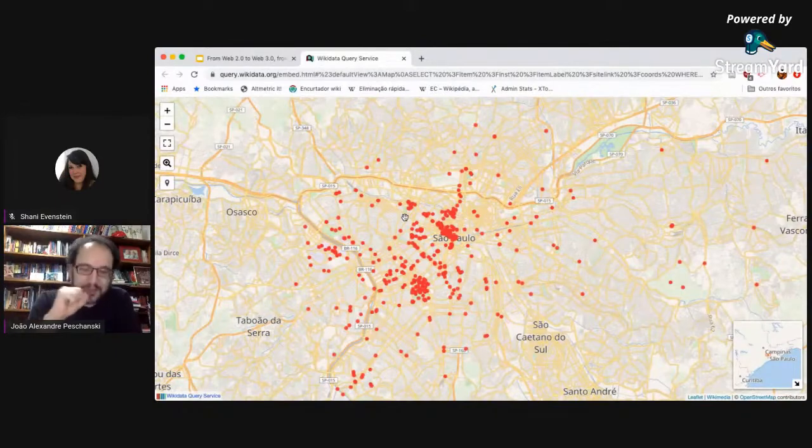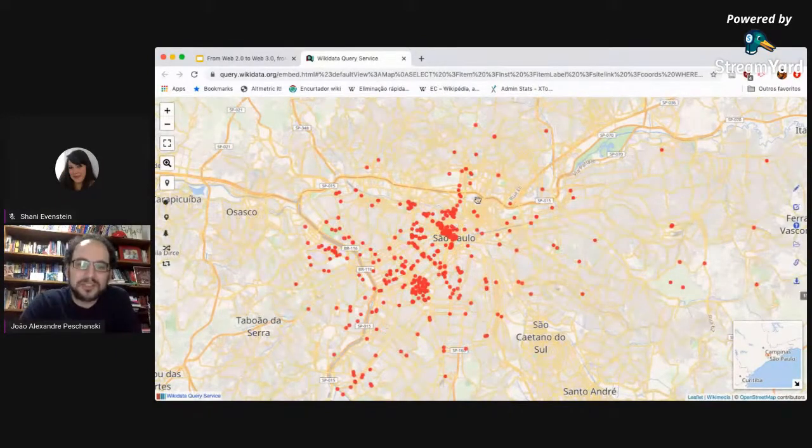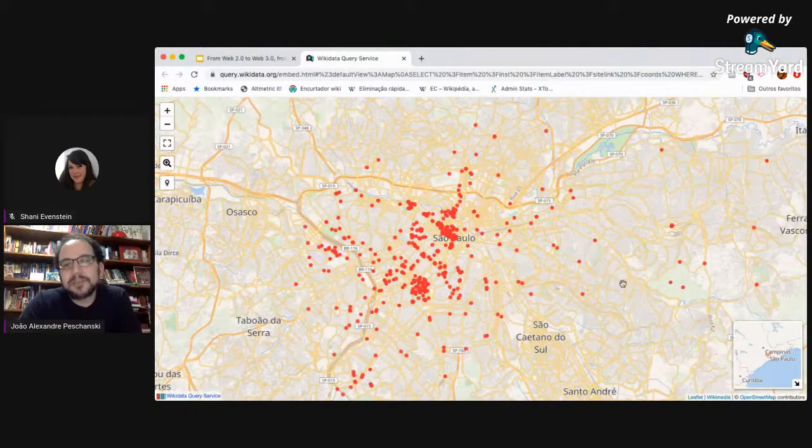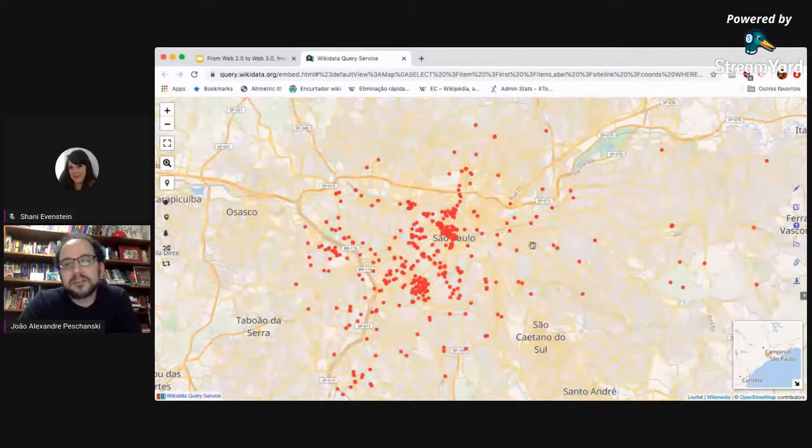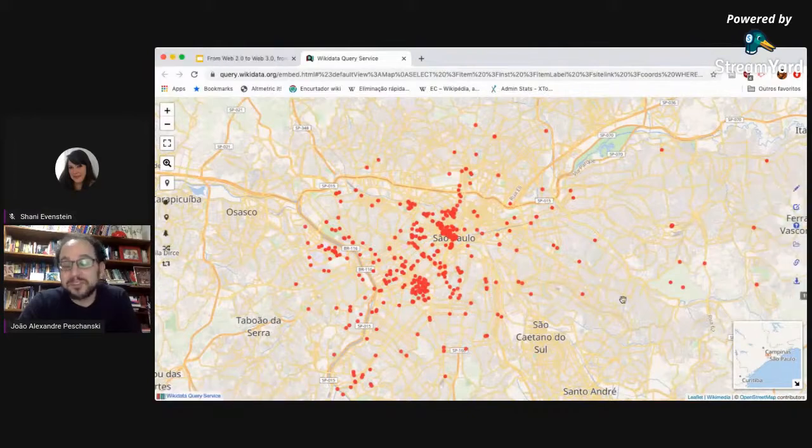They should be where these dots are, but you can see they are mostly concentrated in this area, which is of course the wealthier area of the city. And this is the working class area, the East Zone, and you can see there are basically no monuments. If you did a query on museums, almost all of them would be located in the same areas.